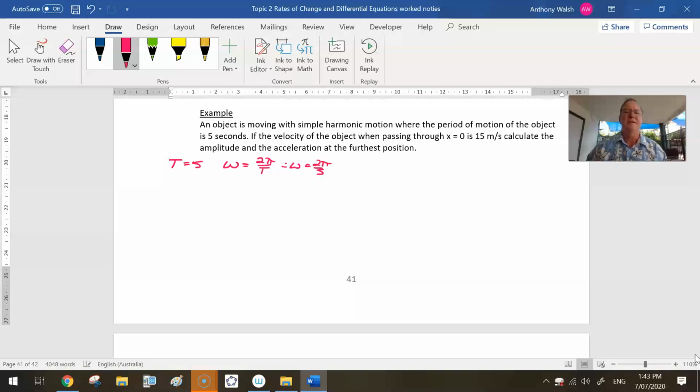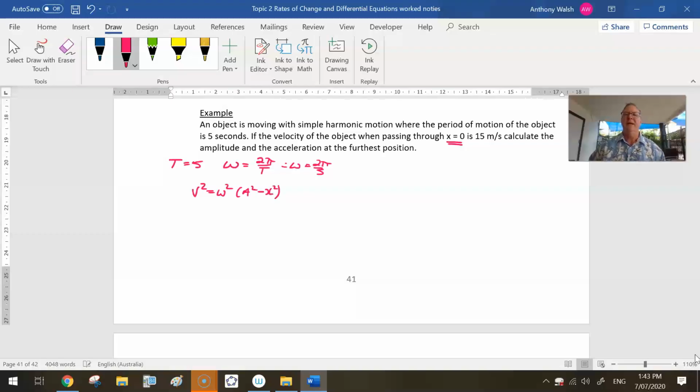Let's go on. It says if the velocity of the object when passing through the origin, where x is equal to 0, is 15 meters per second, calculate the amplitude and acceleration at the furthest point. Well, the other thing that's given on the formula sheet is this one that we know for v squared. v squared is equal to omega squared by a squared minus x squared. a is the amplitude, x is the displacement.